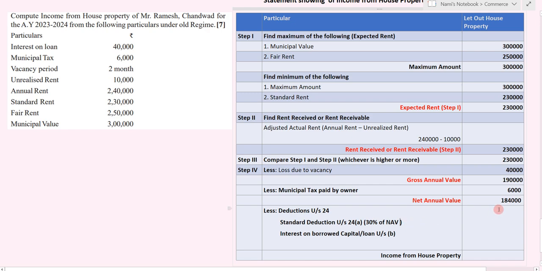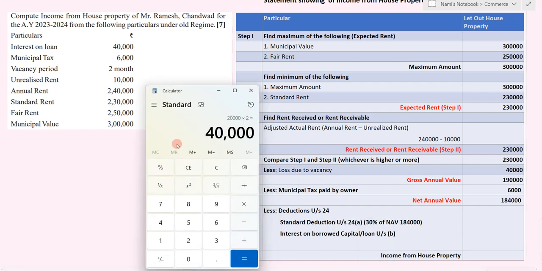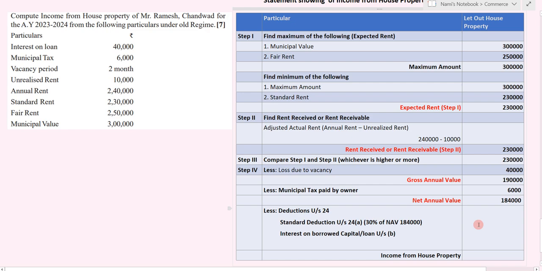So how much have we got as net annual value? 1,84,000. So 30% of 1,84,000, we get 55,200. So 55,200 is the 30% on net annual value.